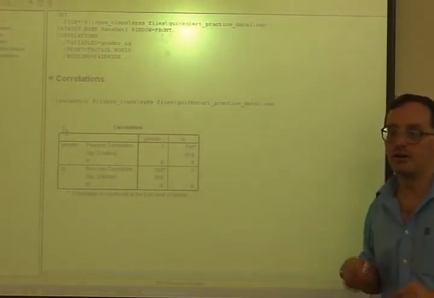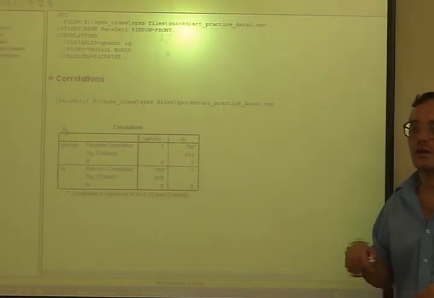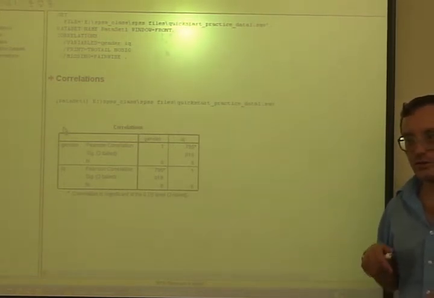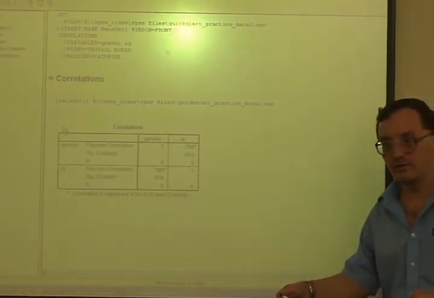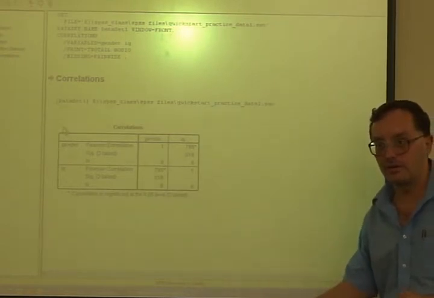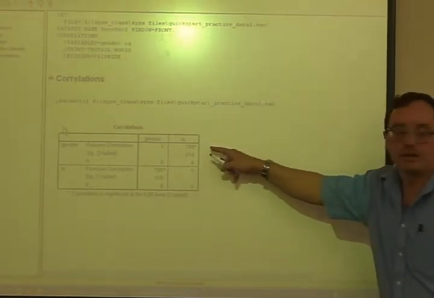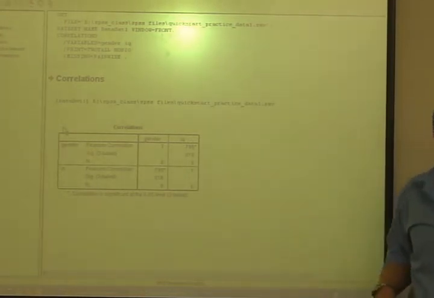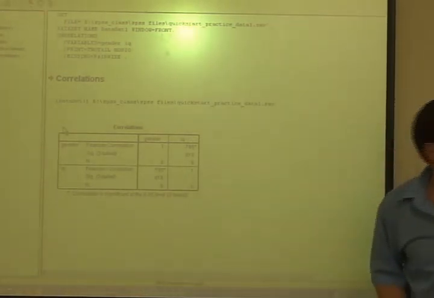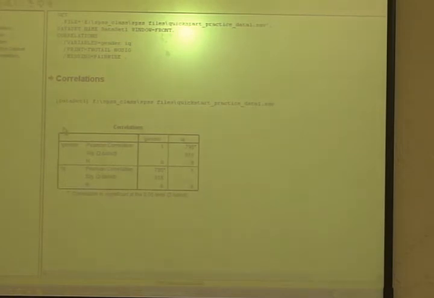In this case, because we coded the variables such that on gender, 1 was male and 2 was female, that meant those that were higher on gender tended to have higher IQ scores, and we know that because it's a strong positive correlation. We also know it's significant because the probability level was 0.018.